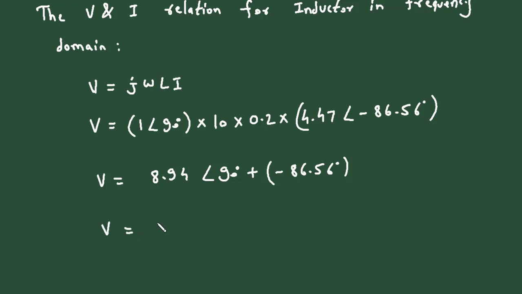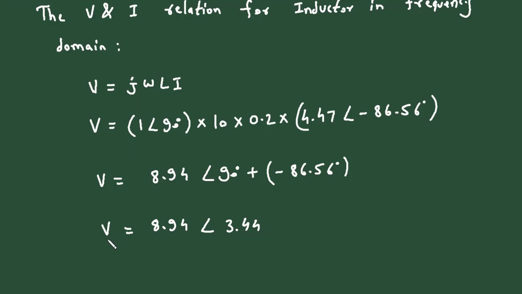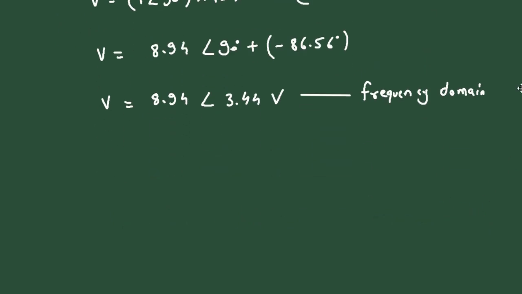So therefore V is equal to 8.94 at an angle 90 plus in bracket minus 86.56. So it is 3.44. Since it is a voltage, so its unit will be volts. So this is in frequency domain format. We have to convert this into time domain.